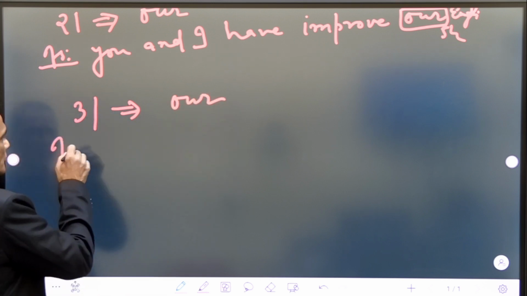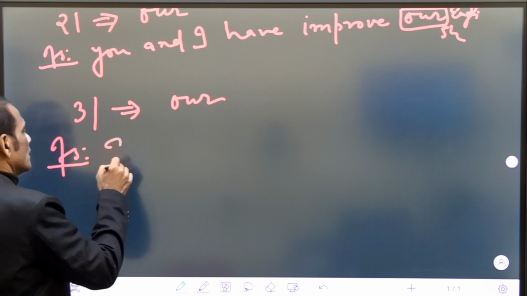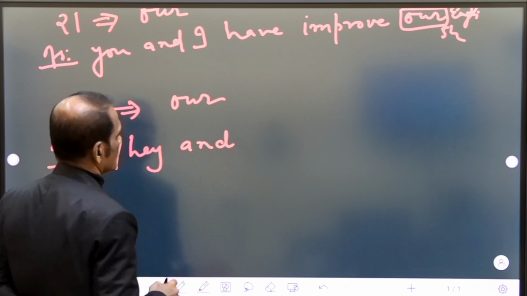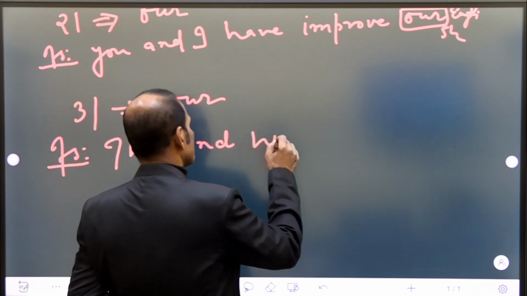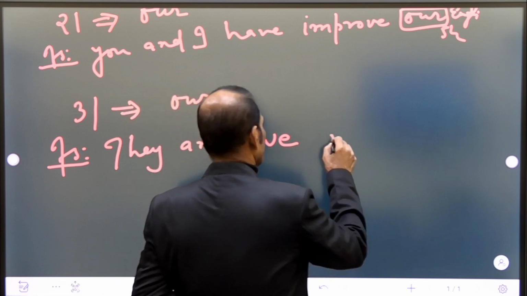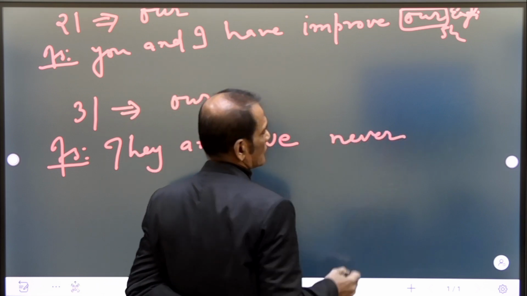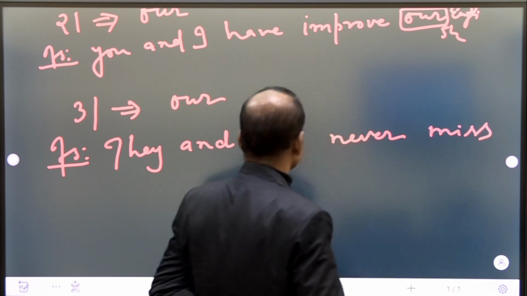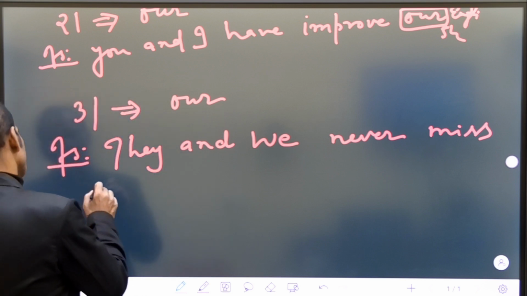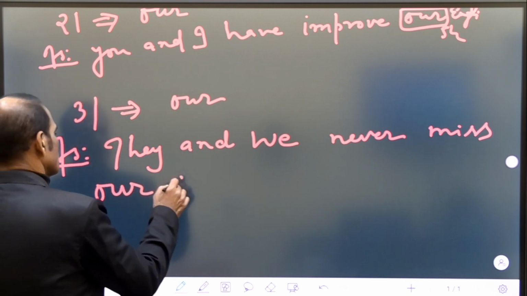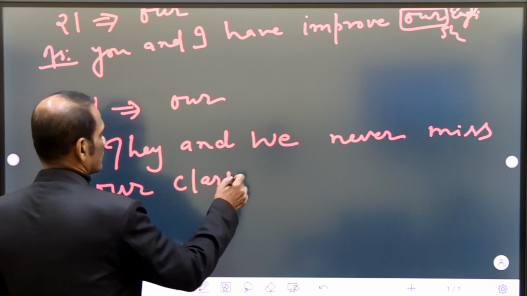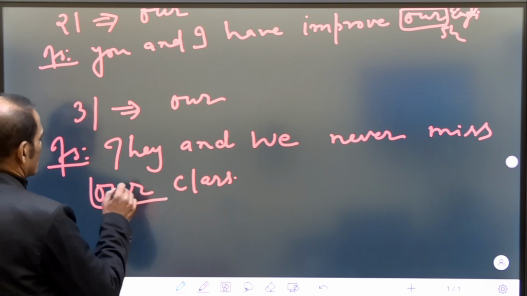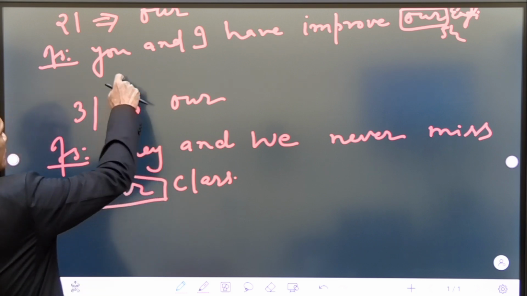For example, they and we never miss our class. So here should be "are", not any form of pronoun.